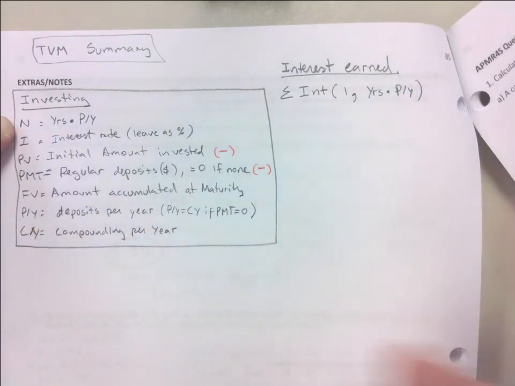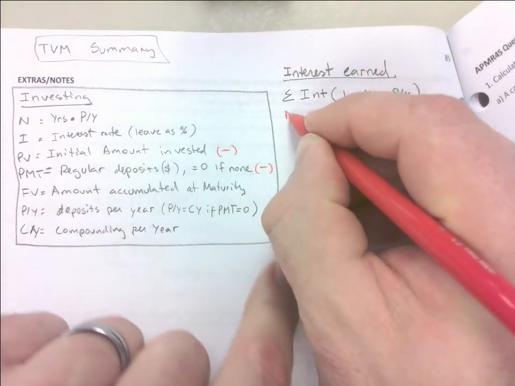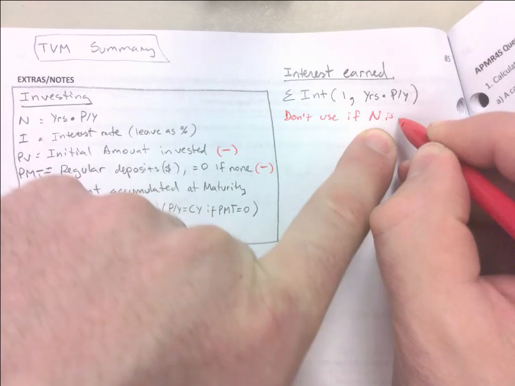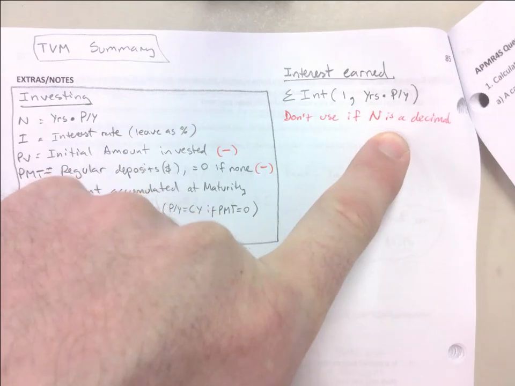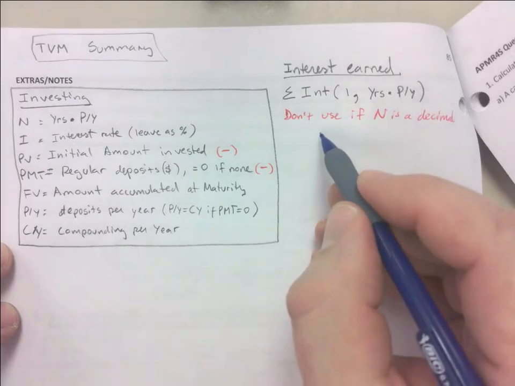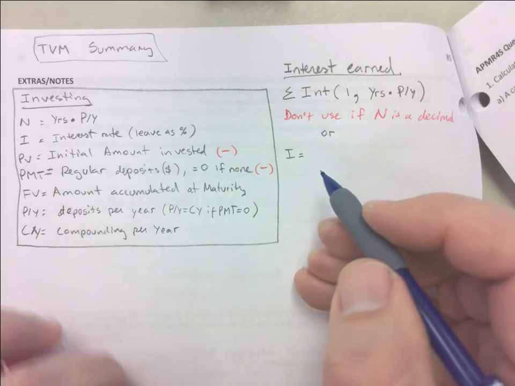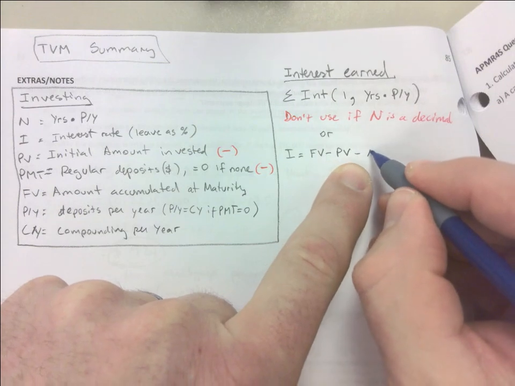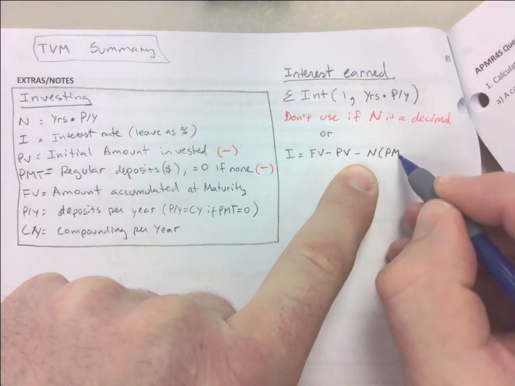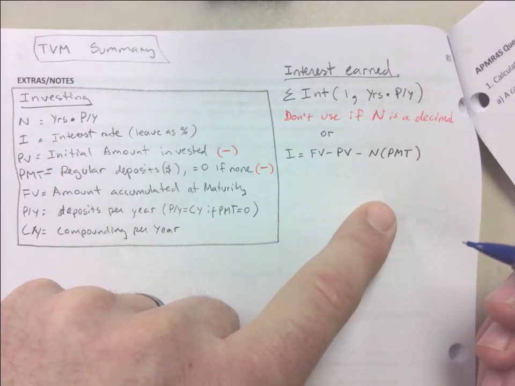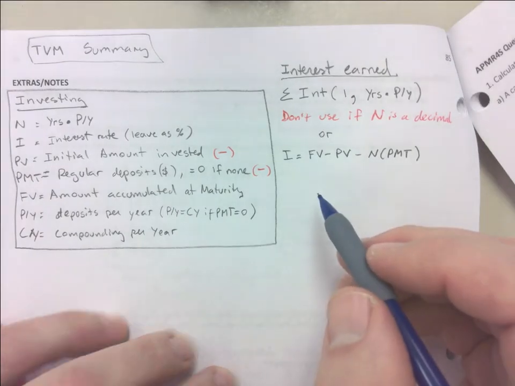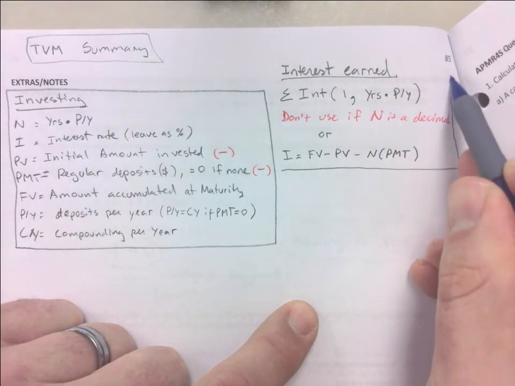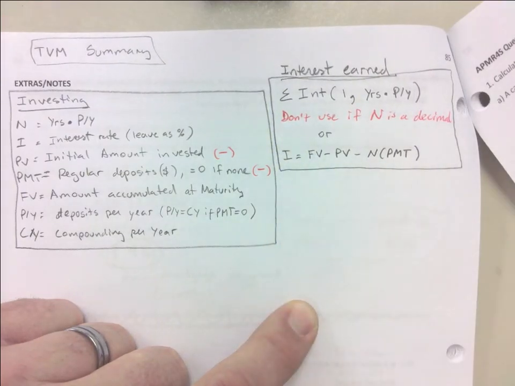If n is a decimal, you cannot use this one, okay? So that's how you figure out interest earned.